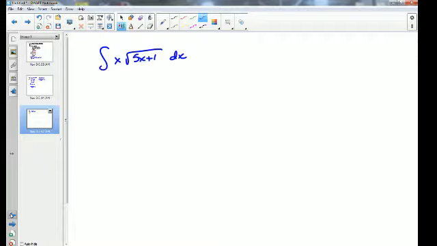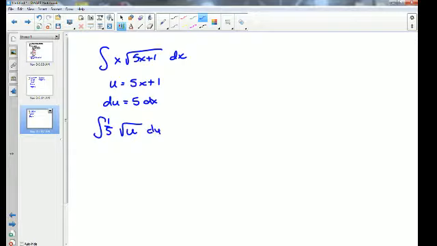What are you tempted to set u equal to here? Okay. So du is 5 dx. Now here's the problem. 1/5, right? Have we taken care of that? No, we have not. You can put it outside.